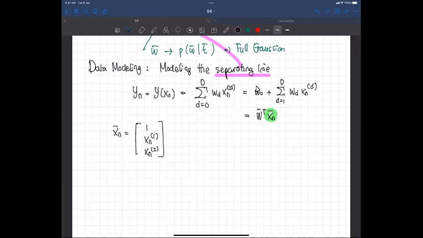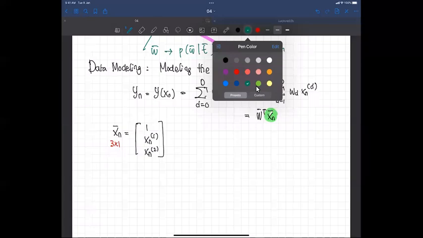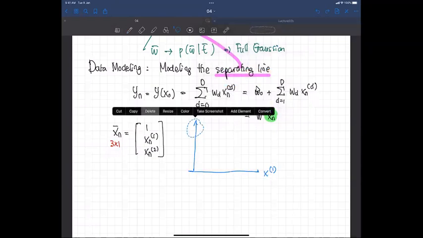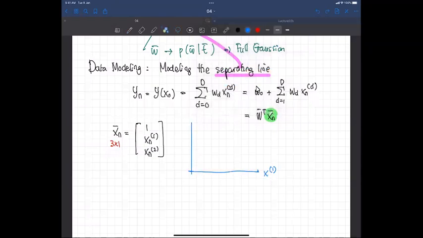So the meaning of this, in this case, xn is 3 by 1, is that we have a two-dimensional space. The x-axis will be xn1 or x1 basically. If it is independent of the index of the sample, it's x1. The y-axis is x2. Okay.